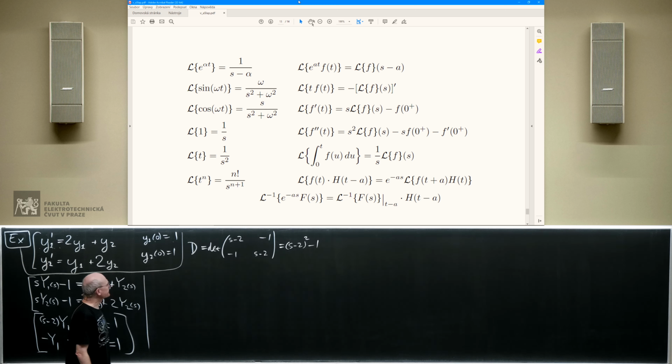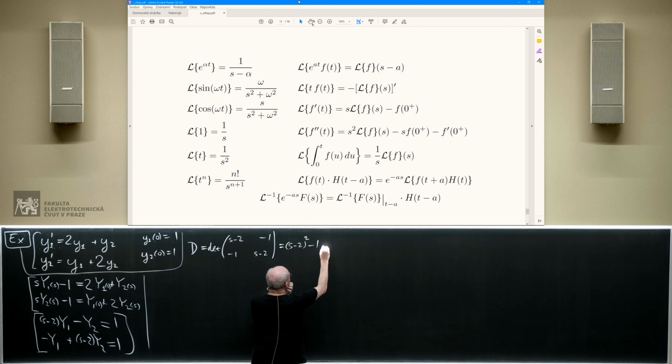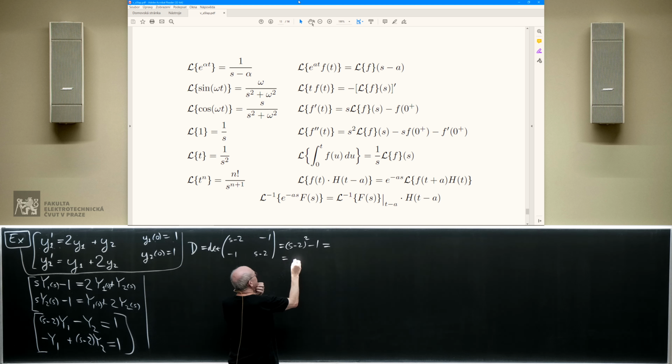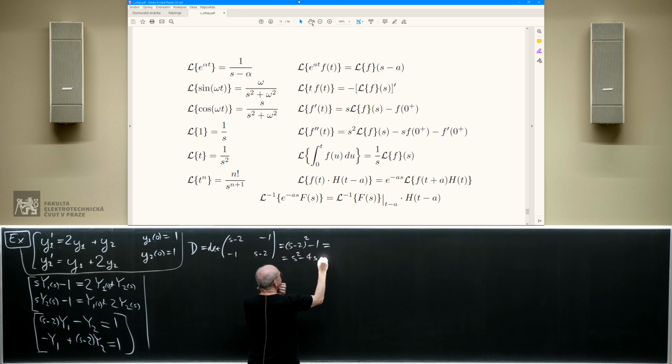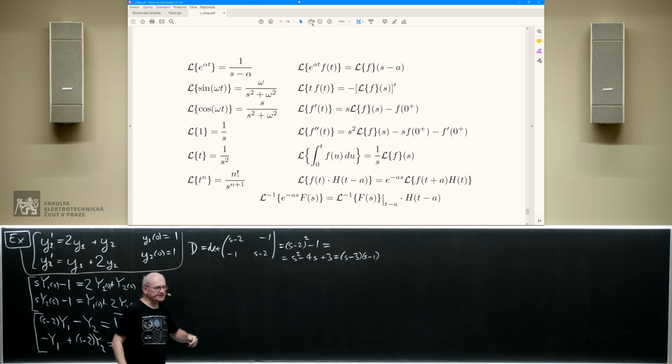Do I want to play with it? That's a good question. Do I feel like playing with it? Well, perhaps I should. s squared minus 4s plus 4 minus 1 is plus 3, which is, when it comes to it, (s minus 3) times (s minus 1). So perhaps it was worth playing with it.